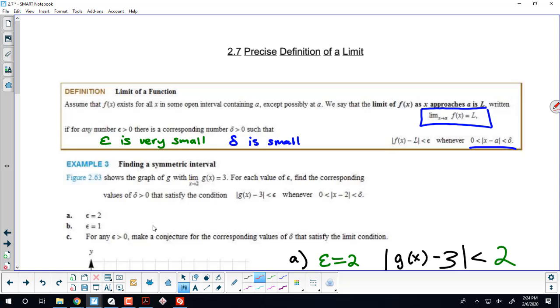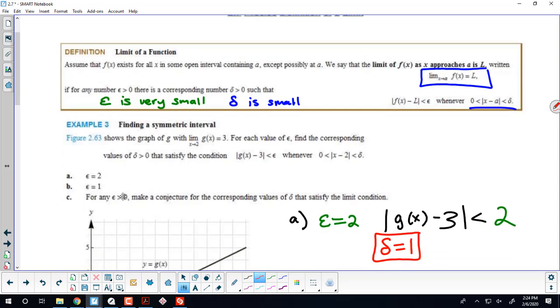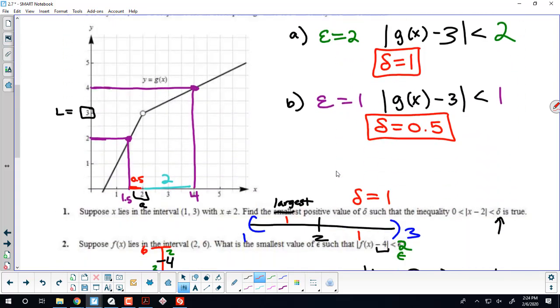Part C says, for any epsilon, make a conjecture or a guess for the corresponding values of delta that satisfy this limit condition. So what they really want you to do there is to look at the relationship between our epsilons that were given and the deltas that we came up with, and see if we can find a specific relationship between epsilon and delta.